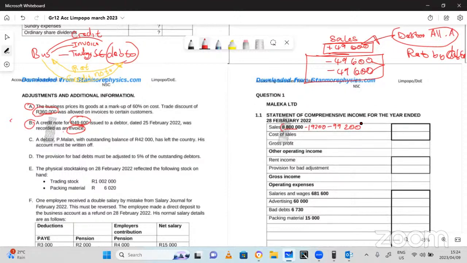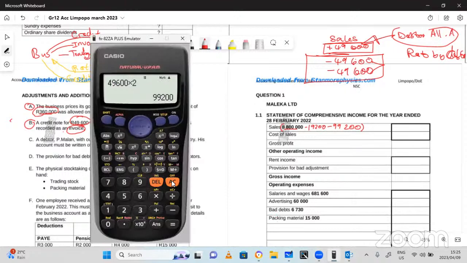Then you close your bracket, you calculate the total turnover, which will be 8,800,000 minus 19,200 minus 99,200. Okay, I hope guys you are clear.